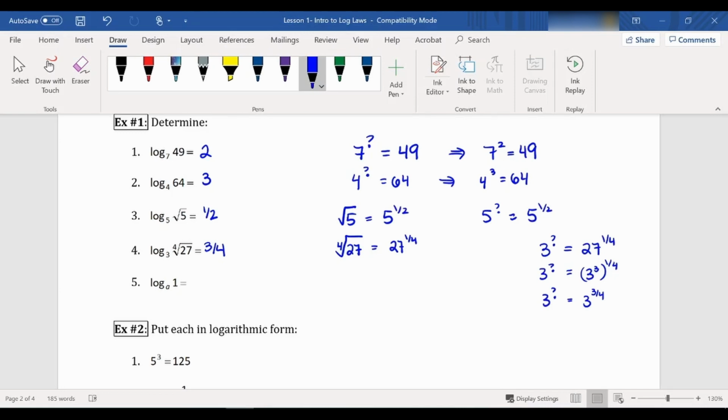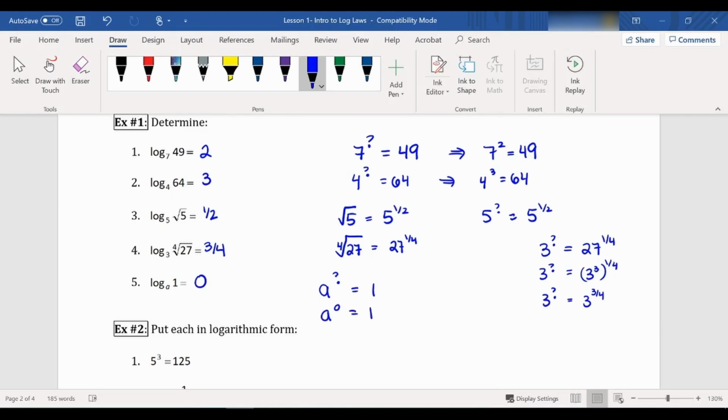The base of 5, we rewrote as 5 to the power of. The base of 3, we also want to rewrite as 3 to the power of. Okay. So this last one, we would be asked, 3 to what power gives me 1? And the answer is 0, because any number to the power of 0 gives me 1.